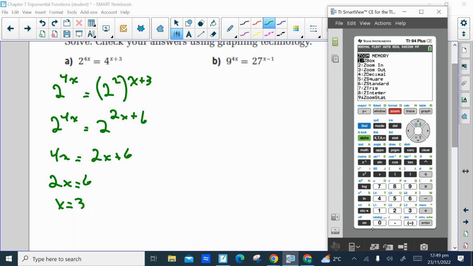So zoom 0 is zoom fit. And I'm going to change my x max to, let's say, 25, and a scale of 5.